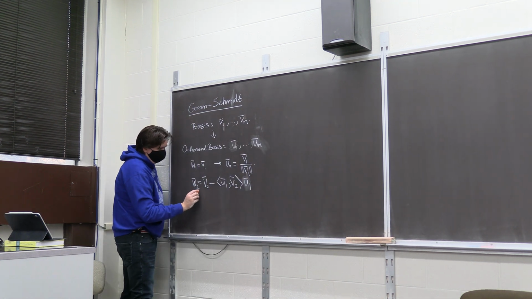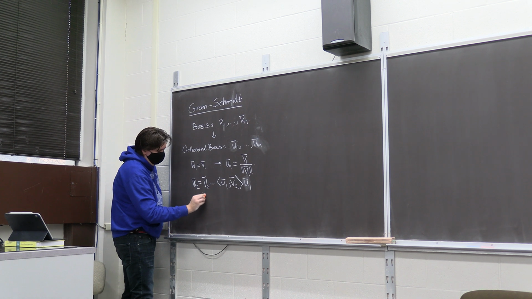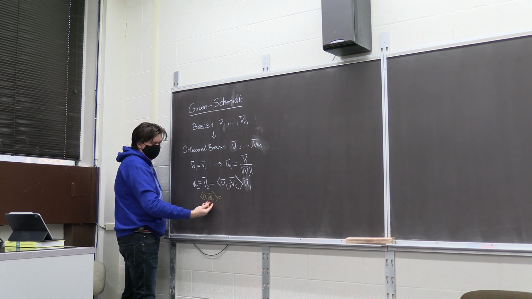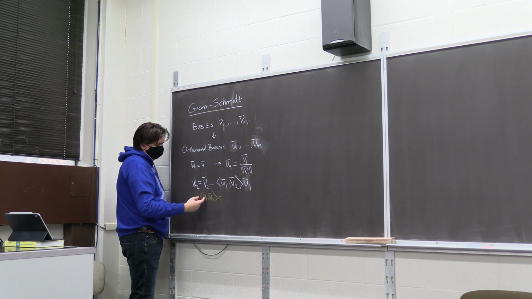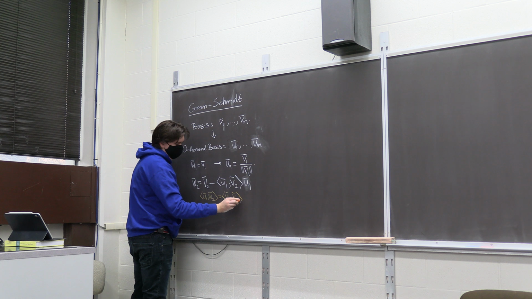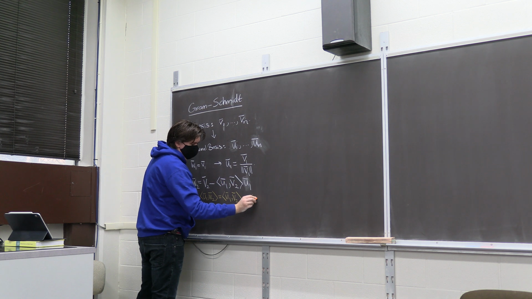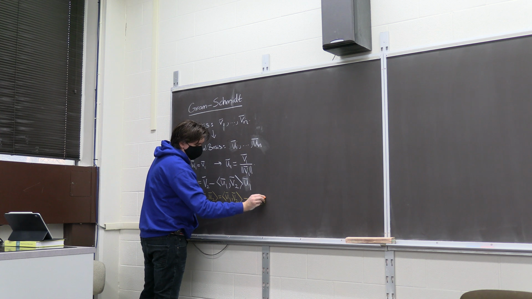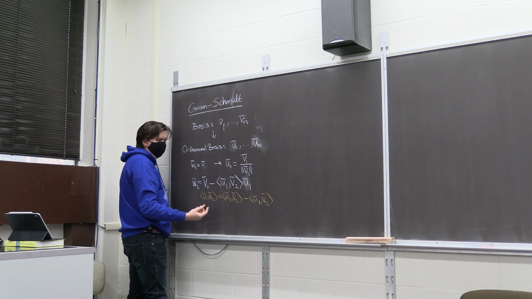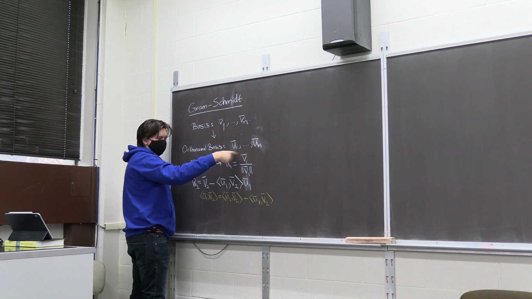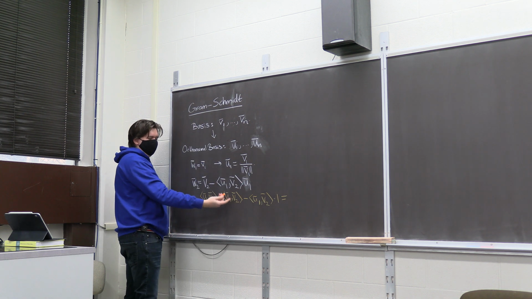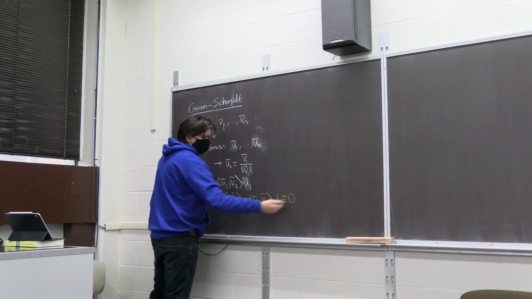Well, if I do U1 inner product with W2, that's just, by linearity in the second argument, the inner product of U1 with V2 minus this scalar, U1 with V2 pulled out, times the inner product of U1 with U1. But U1 is a unit vector. We built it to be a unit vector. So the inner product of U1 with U1 is just 1. So times 1. So we've built this just to be something minus itself, which is 0, right?